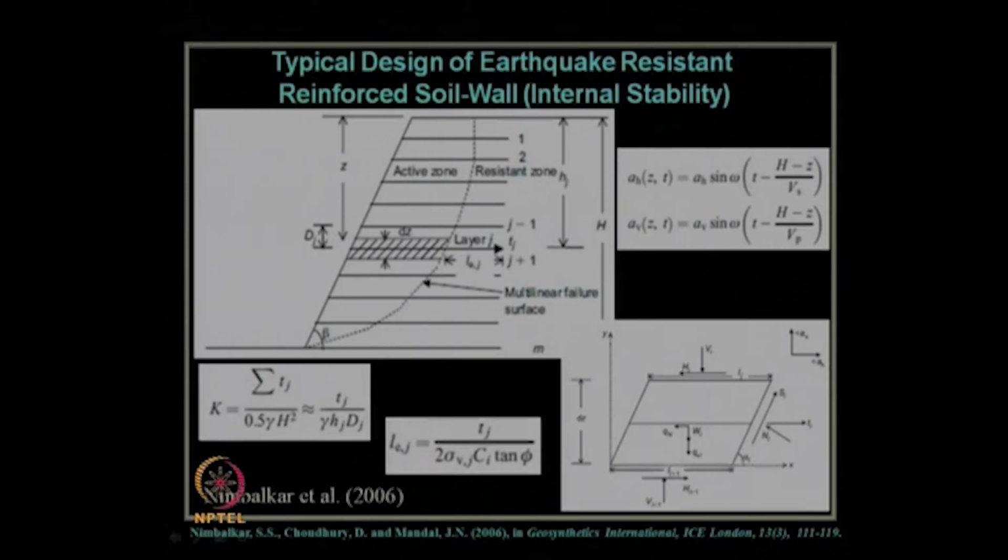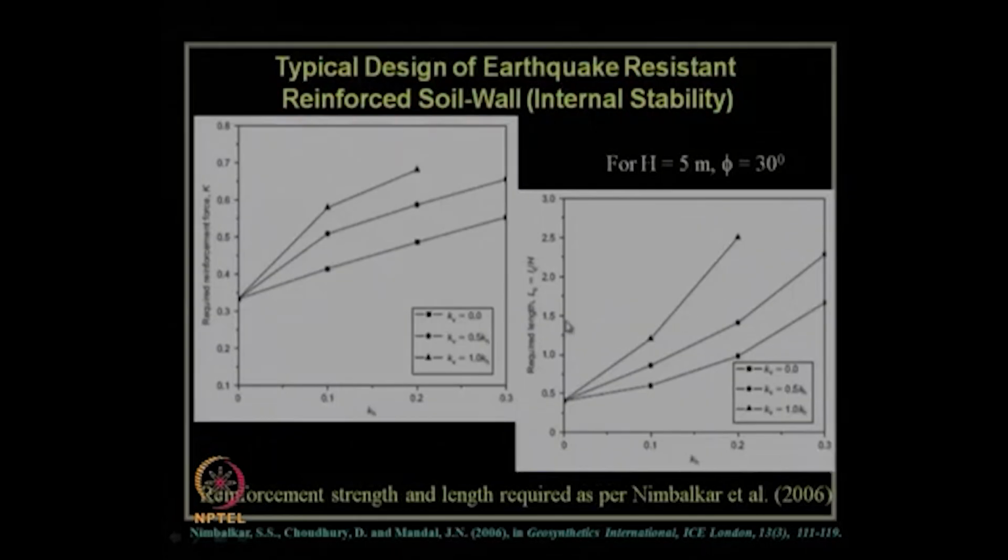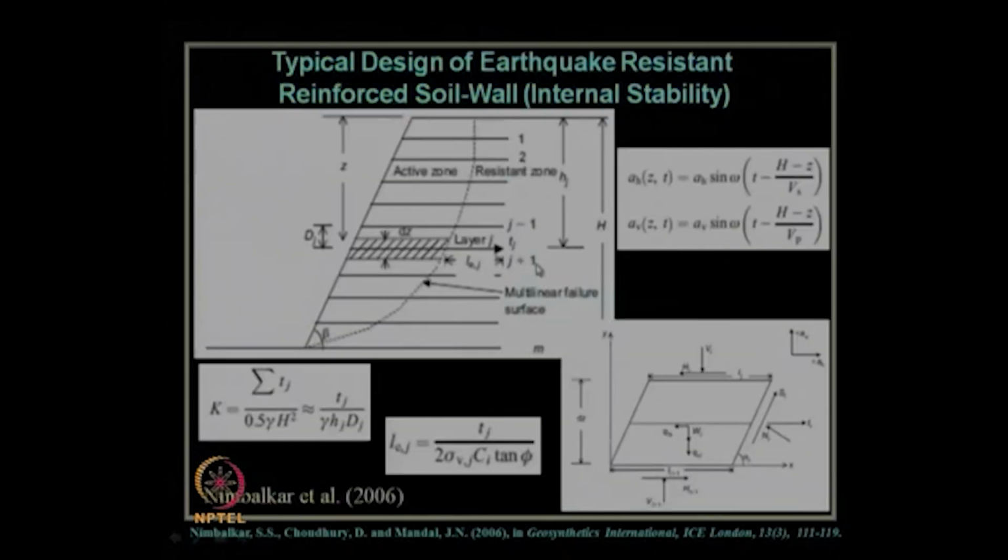So, knowing the value from this figure, say 1.5, and H, you get to know your Le value over here. Once you know the Le, if you go here, Tj you have already calculated, Le you know. So, provide that much length.